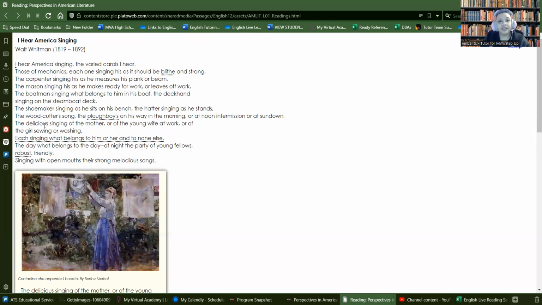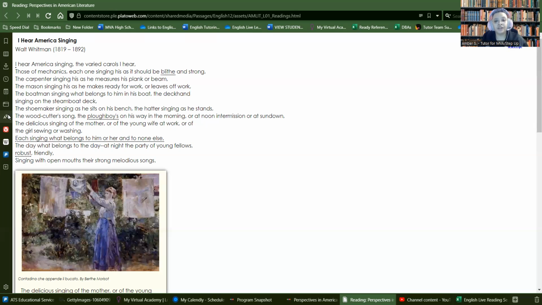So then we have the delicious singing of the mother or of the young wife at work, or the girl sewing or washing. So he includes women who do types of work. He includes a mother as a worker. He also includes young wife as a worker, and also girls who do work like sewing or patching up things for people.